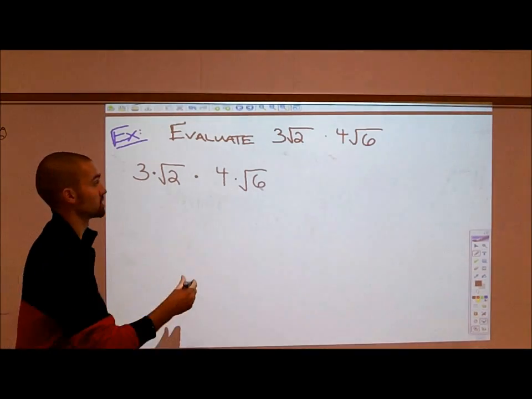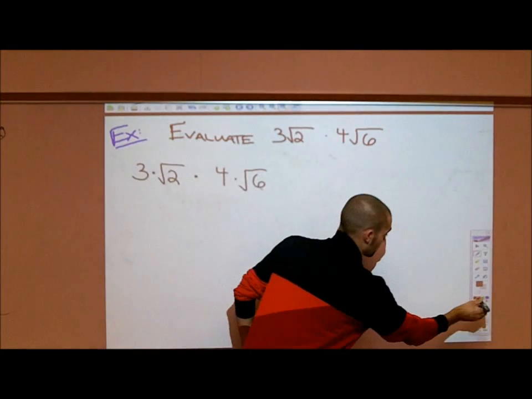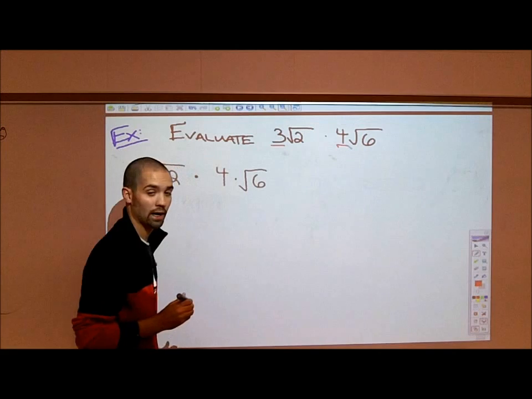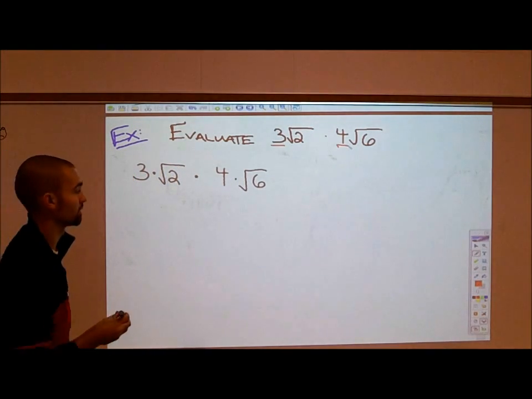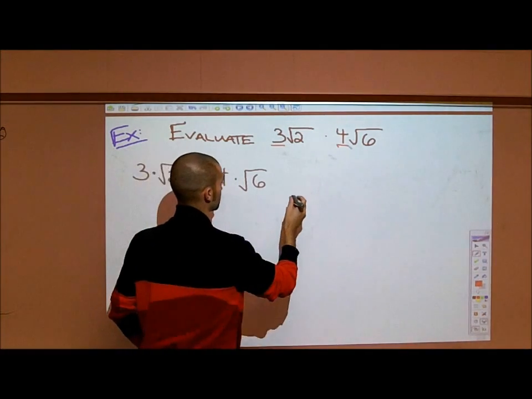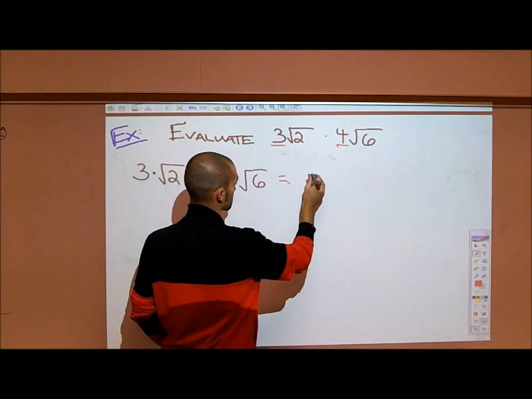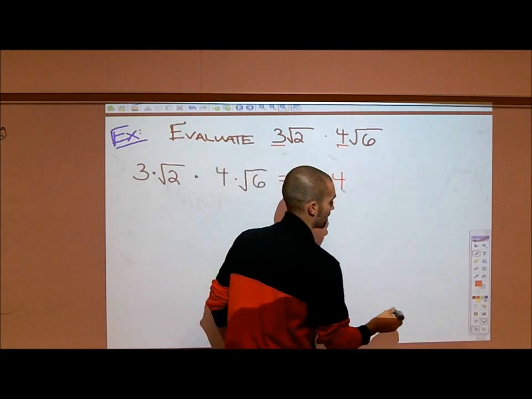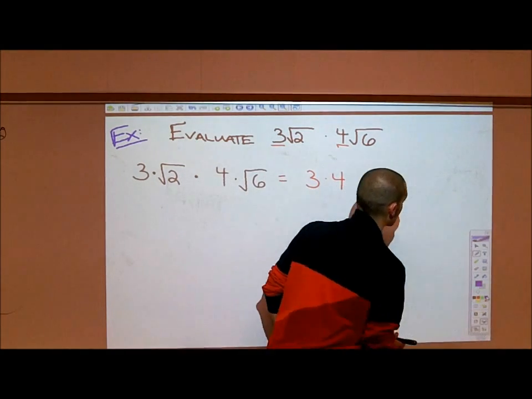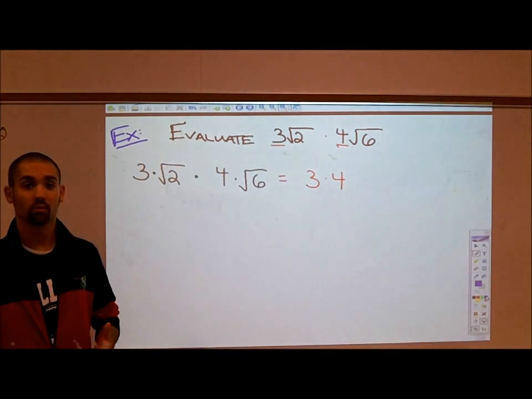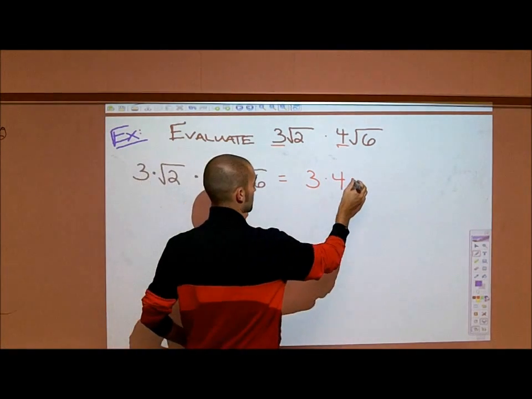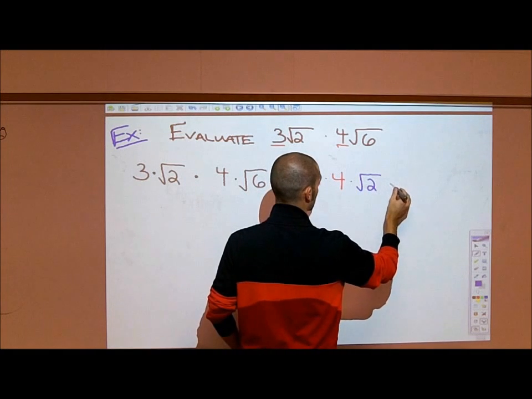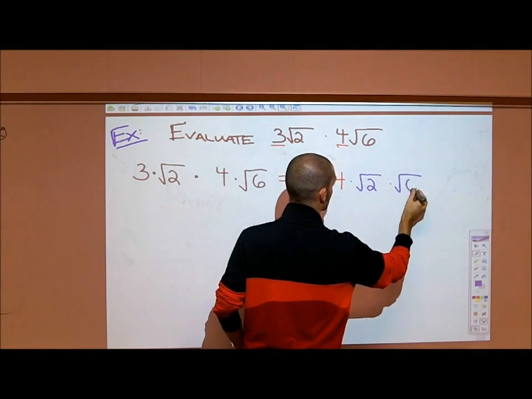So I'm going to put the numbers outside the radicals together. So I'm going to do 3 times 4. And then I'm going to put the radicals together. Times the square root of 2 times the square root of 6.